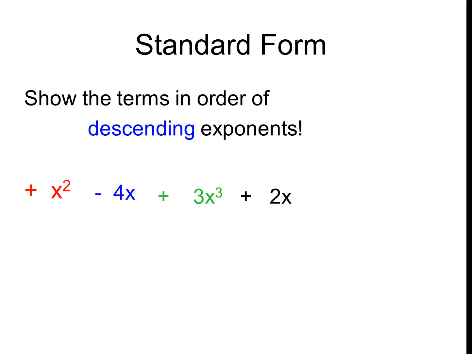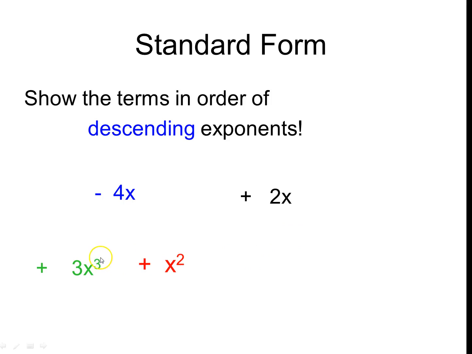In other words, they need to go down, don't they? So looking at this polynomial that I have right here, which term really did belong first? The first term really should have been 3x cubed. What should go next? Well, the next one should be x squared.